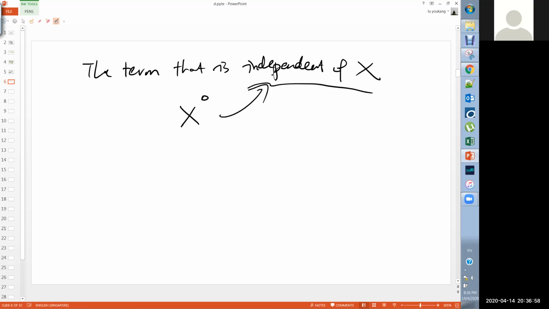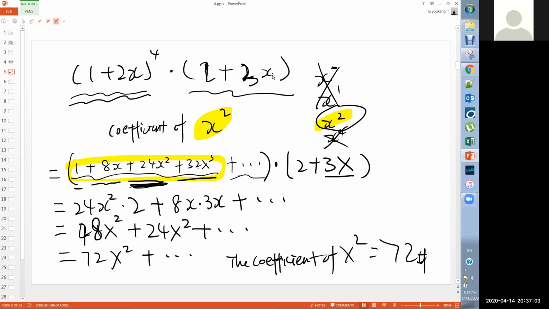If they ask for this term, using this question, you need to pick the 1 times 2 term, also without x, just like a number. That is called independent of x.